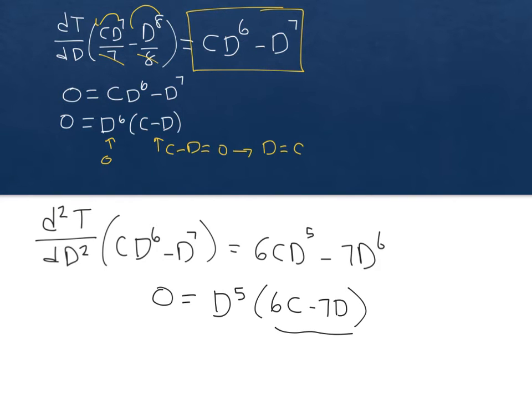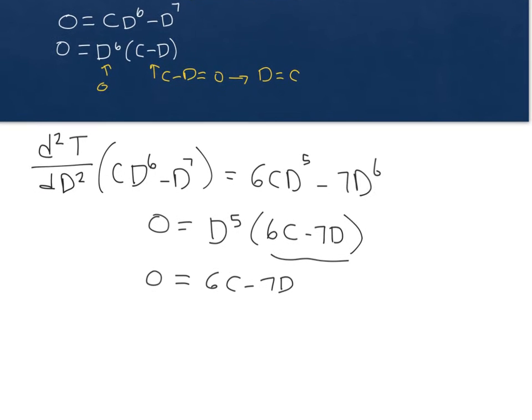This is the piece that I want to set equal to 0, 6C minus 7D, and that's actually what I'm solving for D. So 7D equals 6C, or D equals 6C over 7. So when D equals 6C over 7, that will be the dosage that maximizes sensitivity.